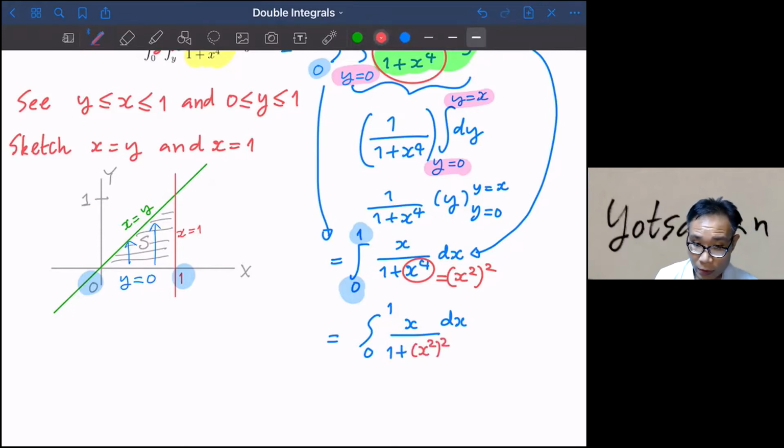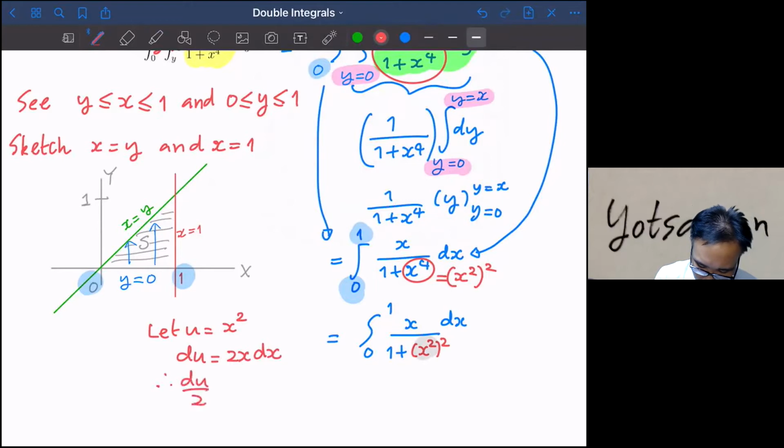So that is going to be u. You're going to let u be x squared. And you have du turn out to be 2x dx. So you have du over 2 equal to x dx. So this one is the yellow one.